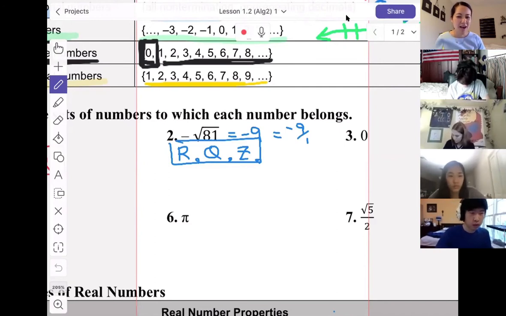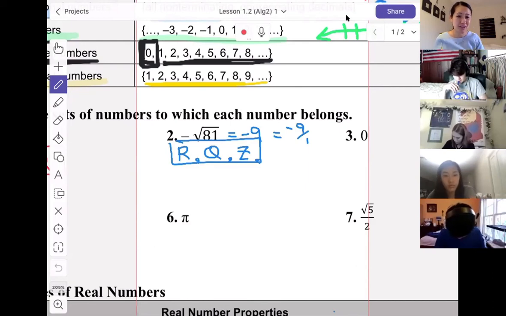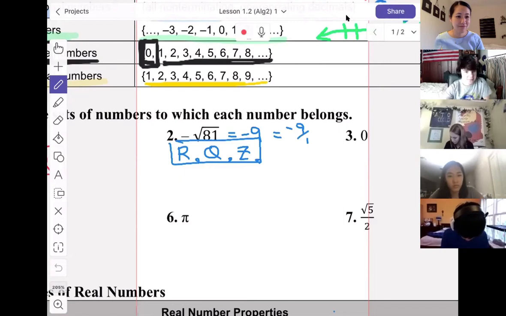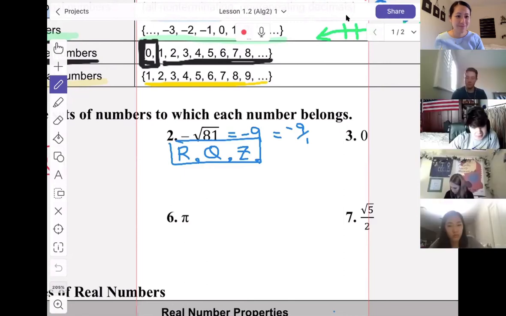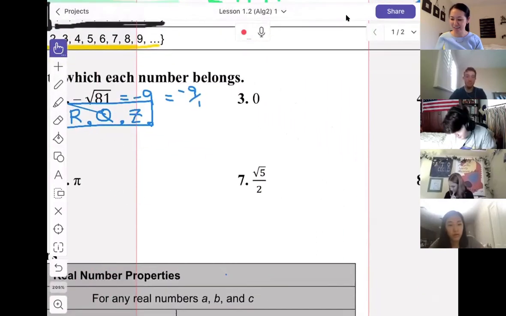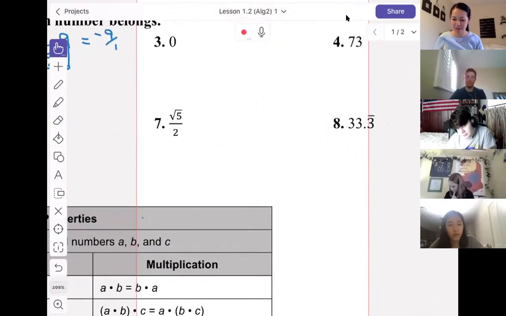Okay, let's do this. There's a few more here. I want you guys to choose what you think is the hardest one, and I'll go and show you that one. Which one do you think is the hardest one? Or the trickiest one, if any? 7. 7, yes, good. Yeah, 7's a little tricky, so let's walk through 7 together.